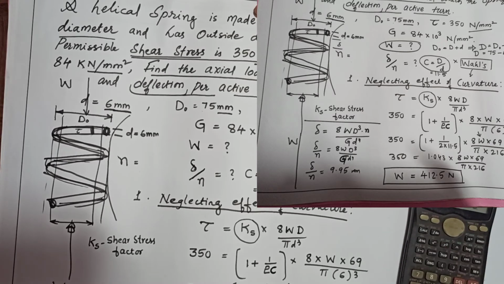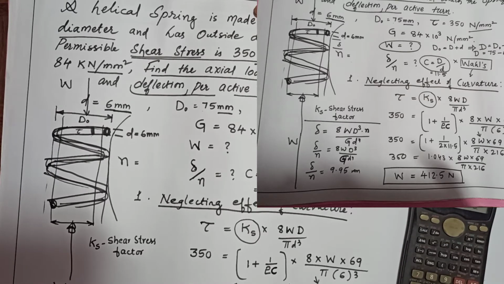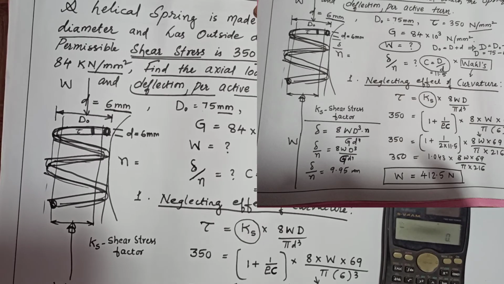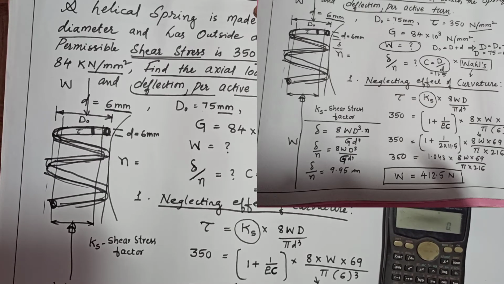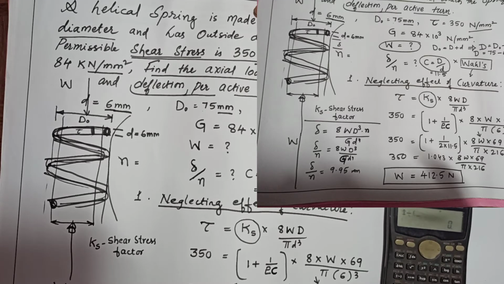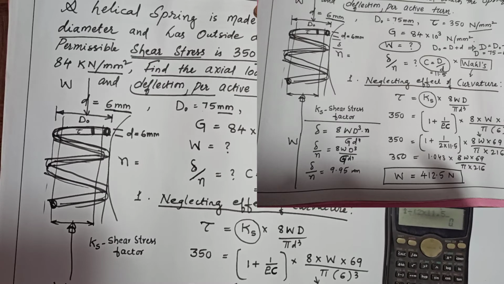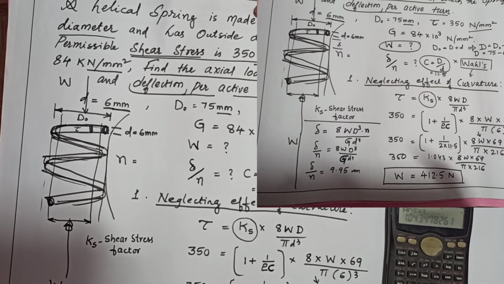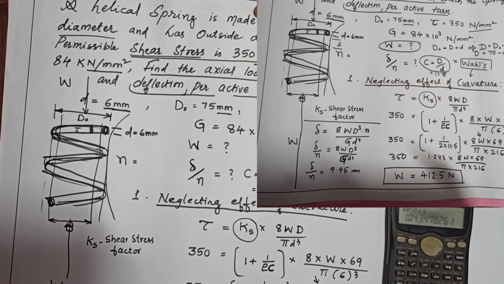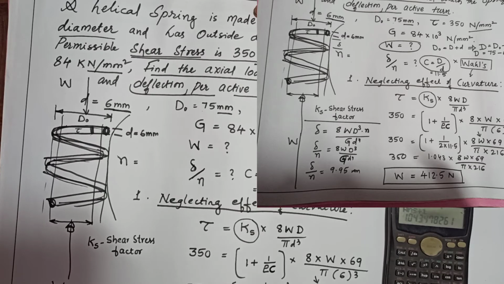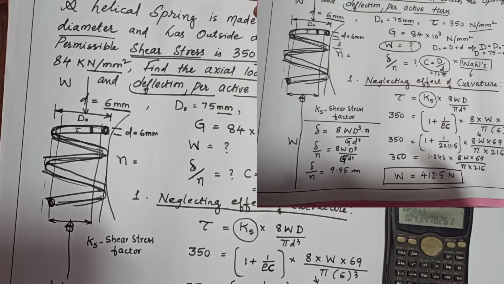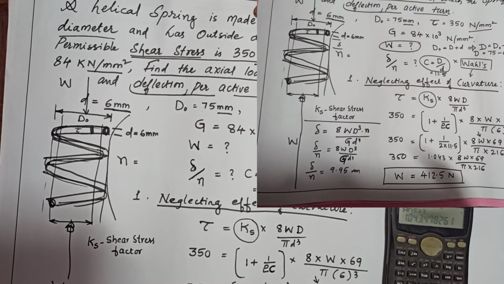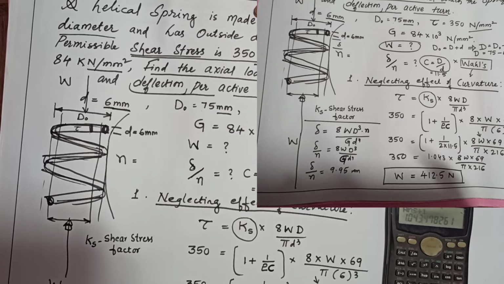Now we have only one unknown in the equation, that is W. So first we'll calculate the K also. 1 by 2 into 11.5 plus 1. So you got 1.043 into this entire, if you make the multiplication, for 8W, 69 by pi into 216, then 350 will be here.